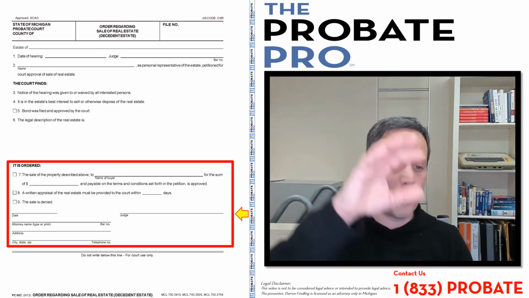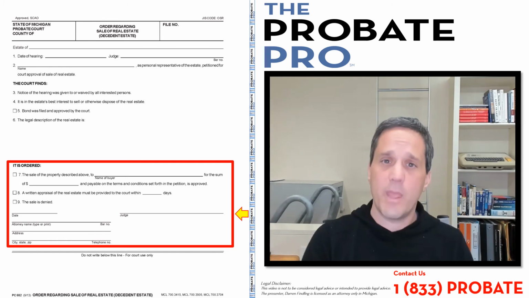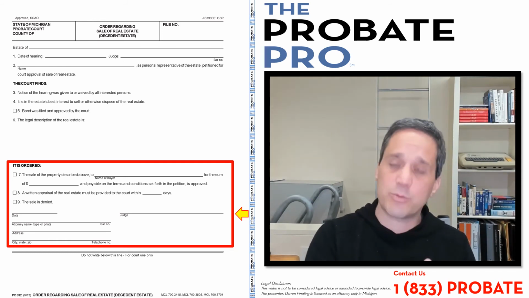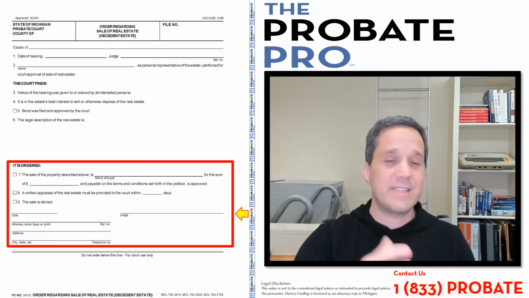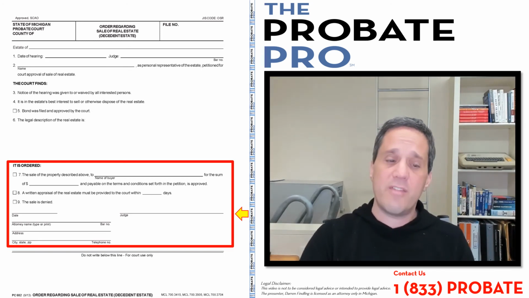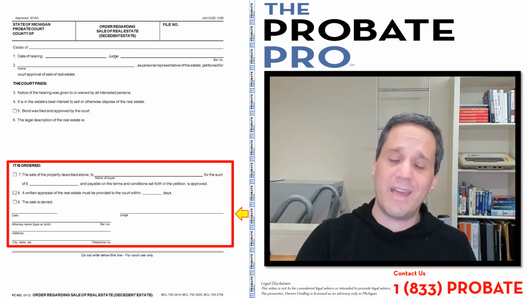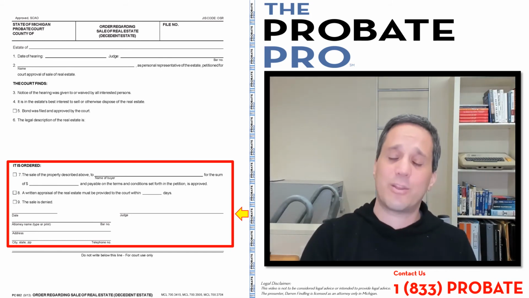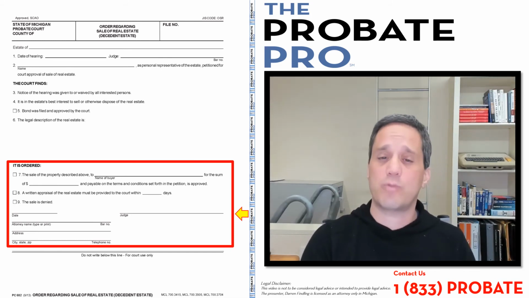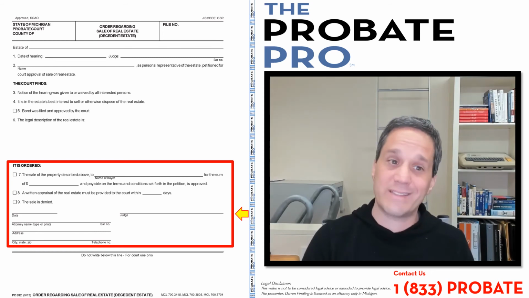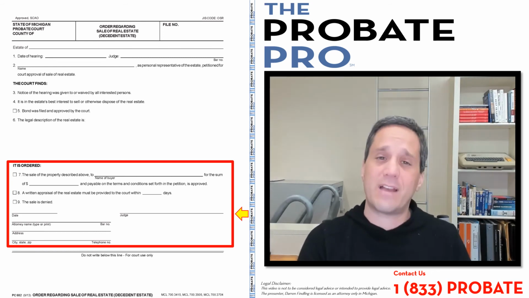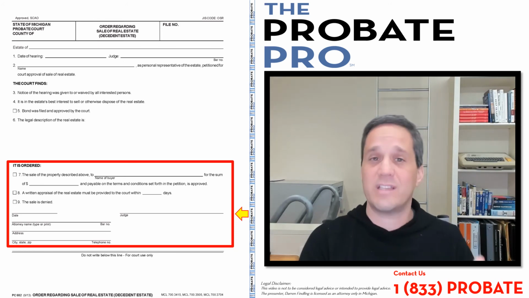Now, it's really important that this order gets filled out correctly, because often this court order gets recorded in the chain of title at the Register of Deeds. If it's not filled out correctly, then it may be unable to be recorded at the Register of Deeds. It could also disrupt a title insurance company's willingness to insure the transaction, and it may affect the buyer's interest and willingness to buy.